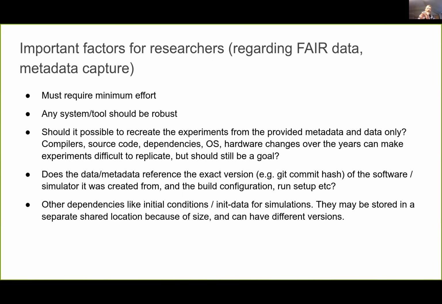I'm not saying that at all, but it's really important to remember that researchers have a lot of things to do, and the priorities are always on the publications, proposal writing and completing research. So if on top of all of that, suddenly they're being asked to do a lot of manual, time-consuming data management work, then that doesn't sit easily with research groups and researchers. That's understandable. They're very busy people, as we all are. Anyway, the other thing is robustness of the tools.